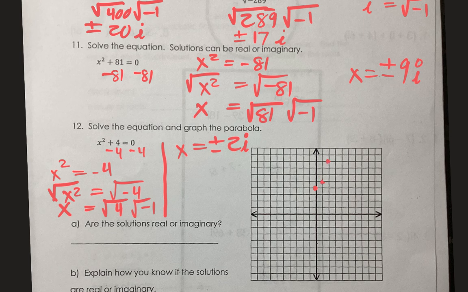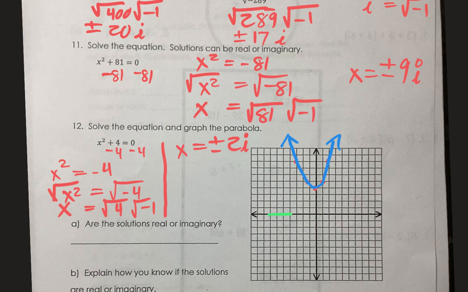I can't go over 1, up 5 because I ran out of space. So go back to the left, over 1, up 1, over 1, up 3. And I should have a graph that looks kind of something like that.